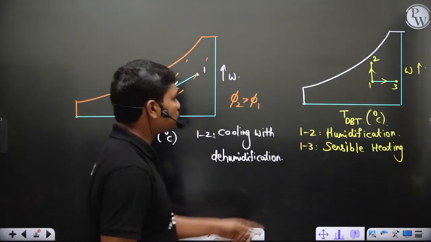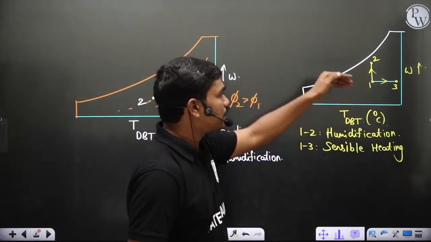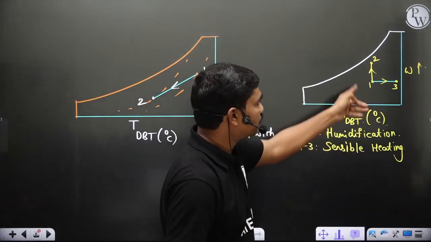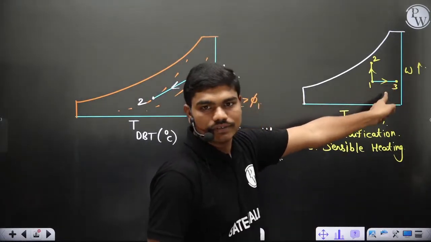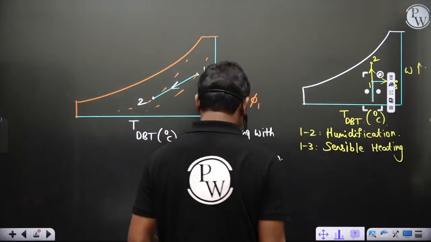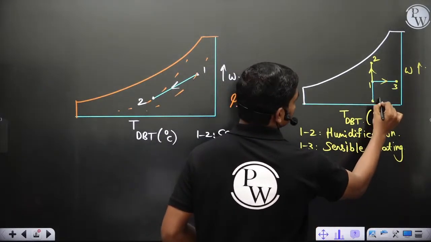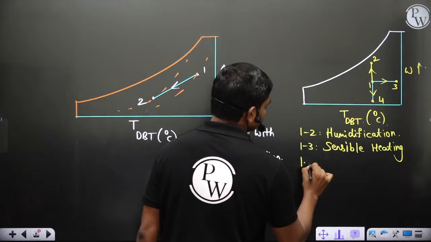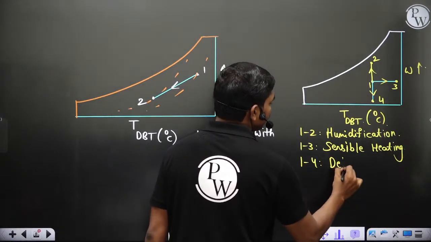Okay, good then. So this is sensible heating, and in the previous day analysis, when we talked about sensible heating, the graph was a horizontal line with constant omega. If you go this way, this is 4. So 1 to 4 is nothing but dehumidification.